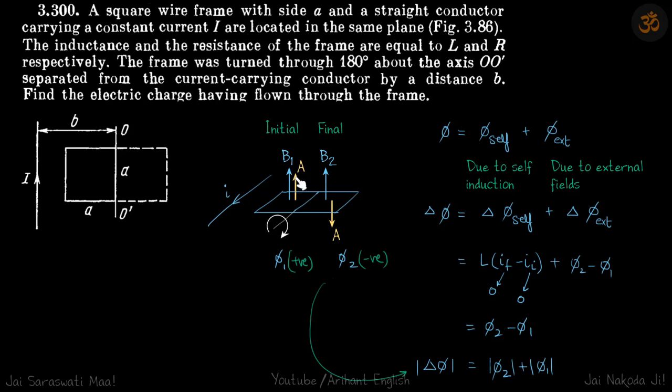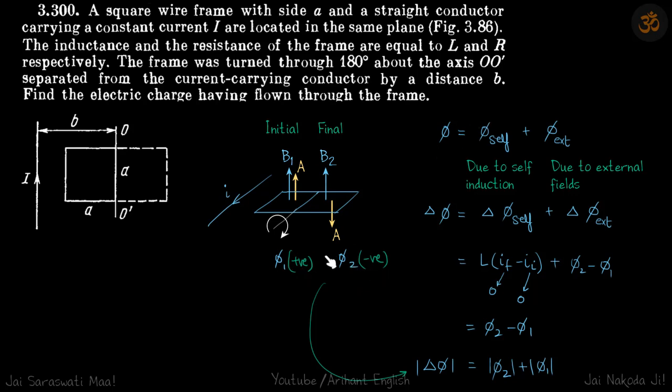So we have assumed the A vector upwards, and when this loop is turned by 180 degrees, the field is still upwards, even though the value might be different, because as you move away the field changes, but the direction is upwards in all the region, and the area vector now is downwards, which means initially the flux B dot A was positive and finally the flux is negative.